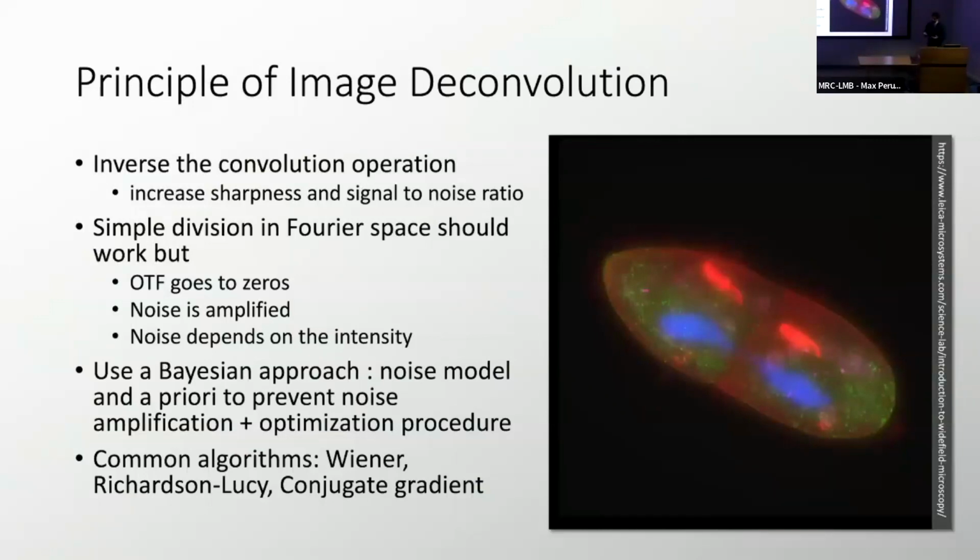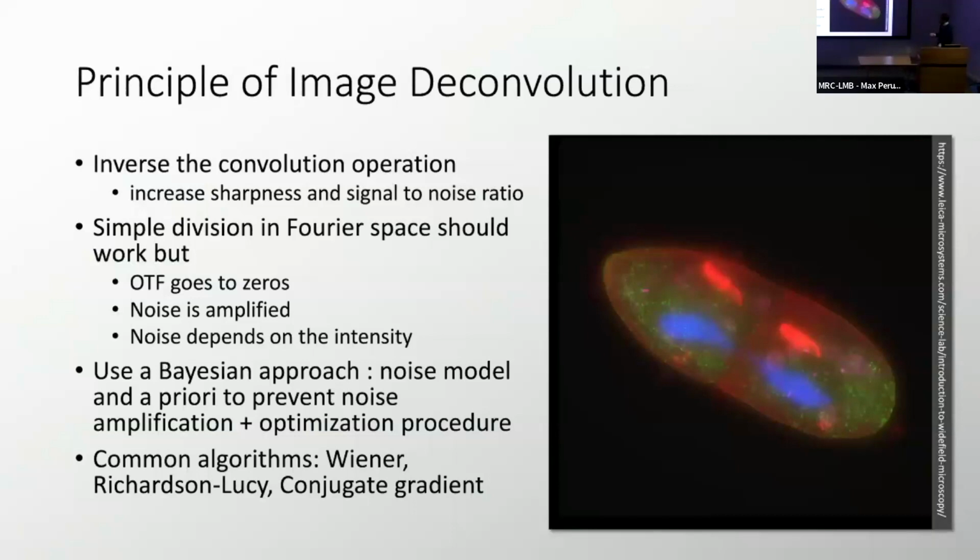In Fourier space, I briefly mentioned that the convolution is a multiplication. So to undo the convolution we could do a division. Of course, we end up dividing by zero and amplifying the noise.